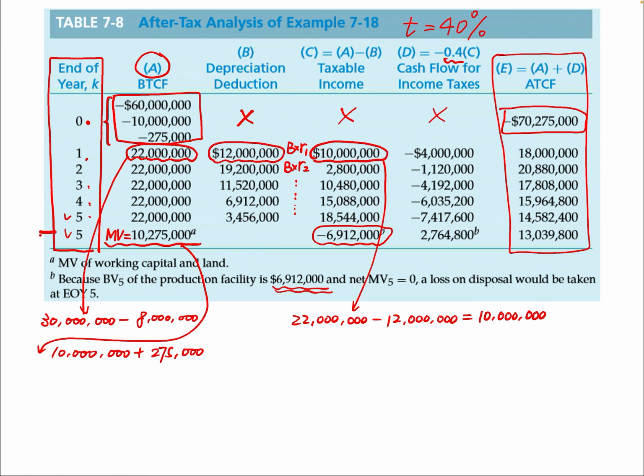And in the end, in the 5th year, you also have some market value left. Although your facility market value is 0, you still have the land and you still have the workforce. They keep their value. So that's the total market value of the whole project left in the end of the 5th year. Okay.